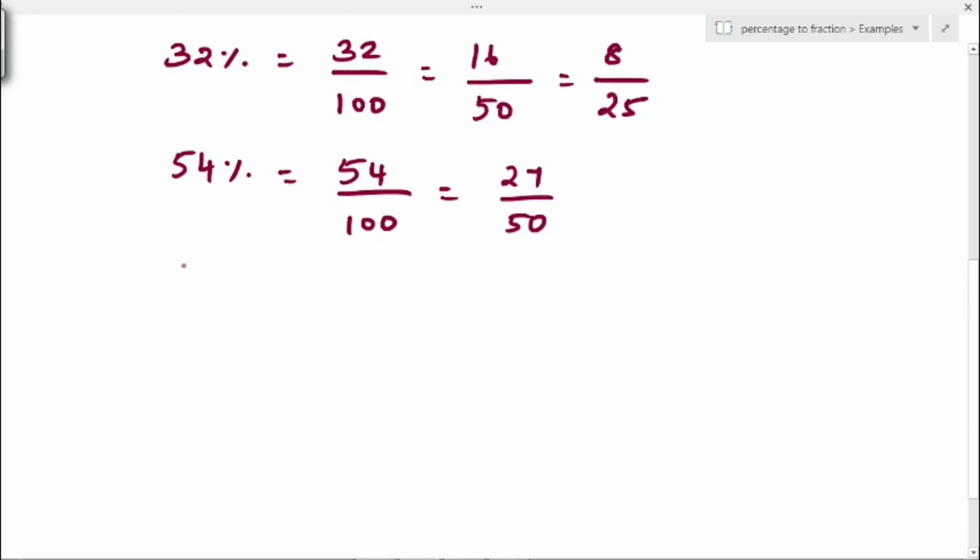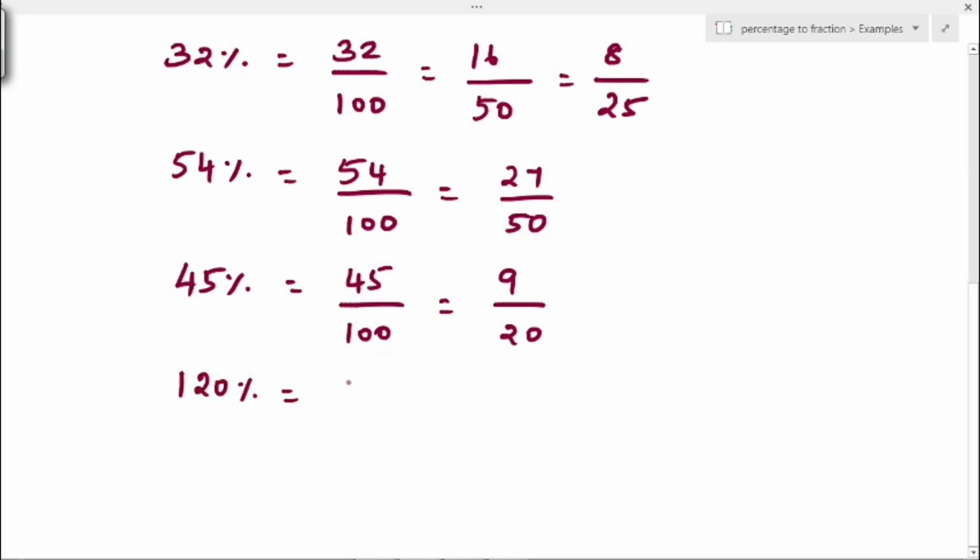Suppose we have 45%. This 45% can be written as 45 divided by 100. Here we have 45, and this 45 is divisible by 5. Similarly, 100 is also divisible by 5. So if you divide it by 5, you will get 9 divided by 20. So the fraction value is 9 divided by 20. Next we have 120%.